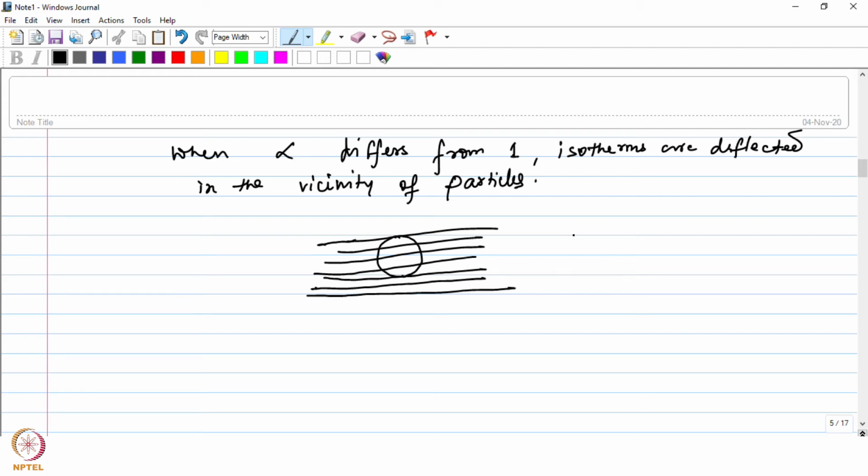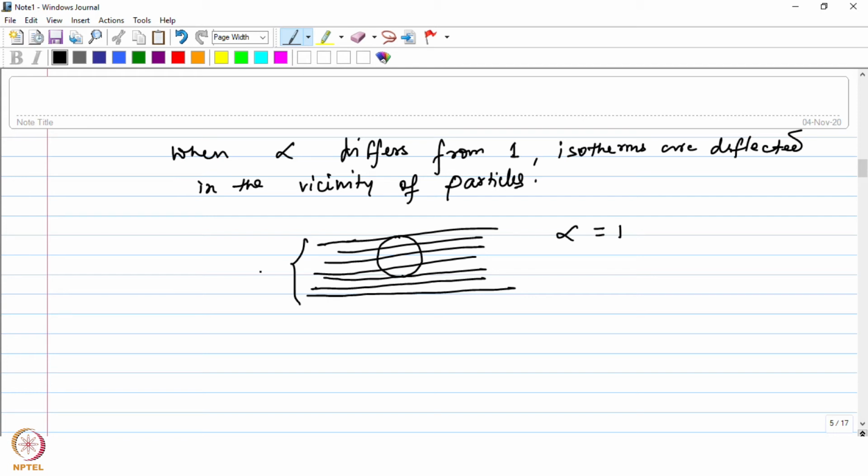So this is the scenario when alpha is equal to 1. Now let us see when alpha is less than 1 and greater than 1, how does this isotherm change, especially near the particles. Okay.